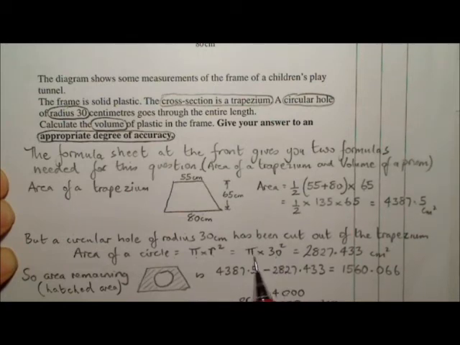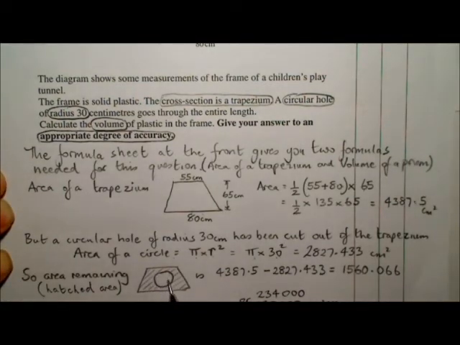Again, you have a pi key on your calculator, so you don't need to know that value. If you press pi multiplied by 30 squared, you get 2827.433 centimeters squared. So that circular bit has been cut out, so we need to take away that from the area of the trapezium shape that we worked out a few minutes ago.